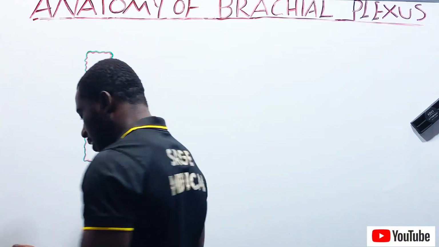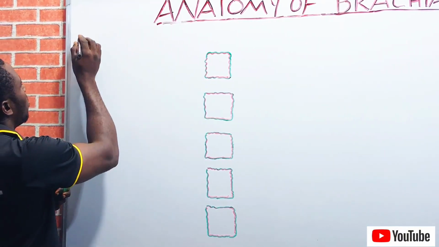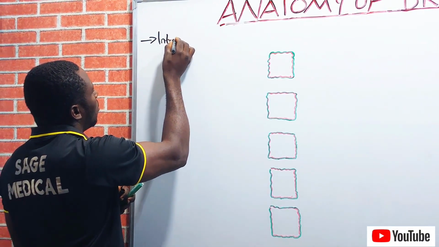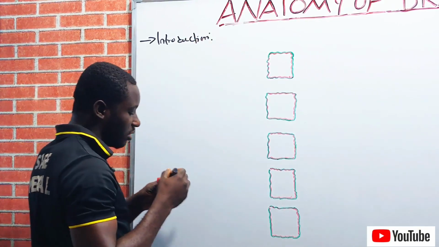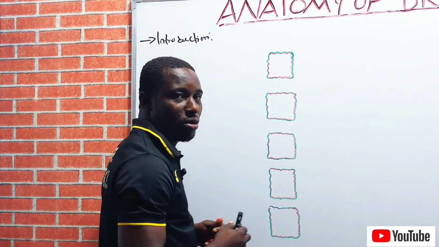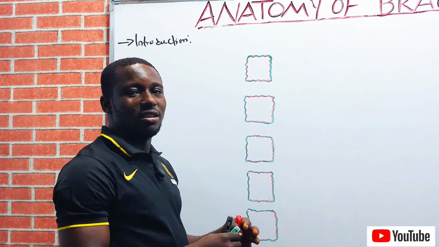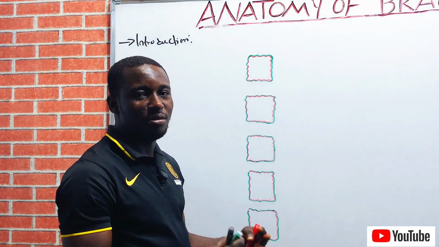Okay. Now the first thing is the introduction. What is brachial plexus? Brachial plexus is simply the network of nerves that supplies the upper limb structures.